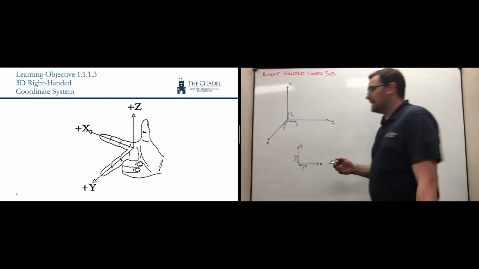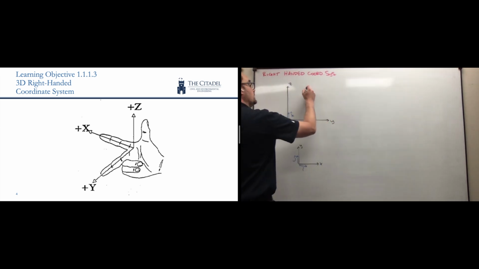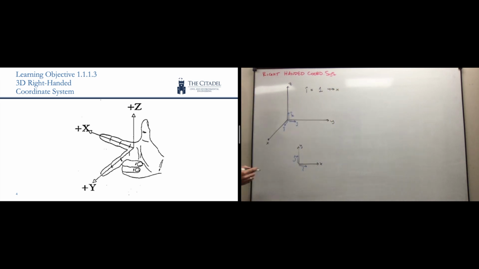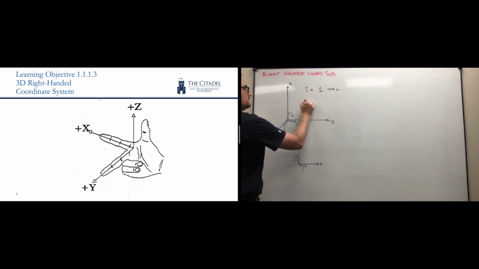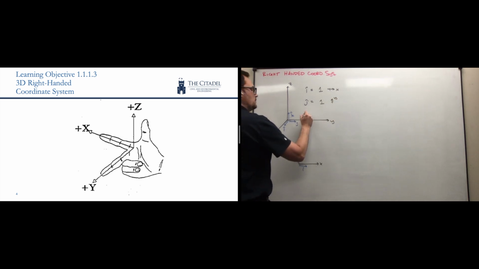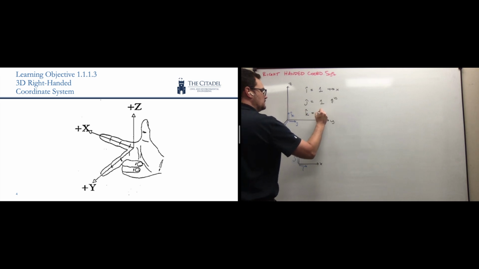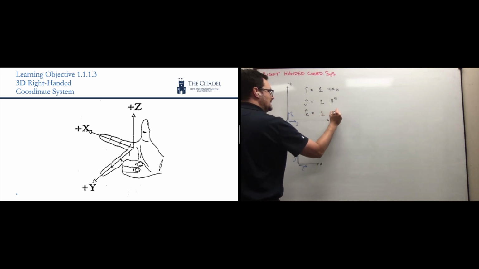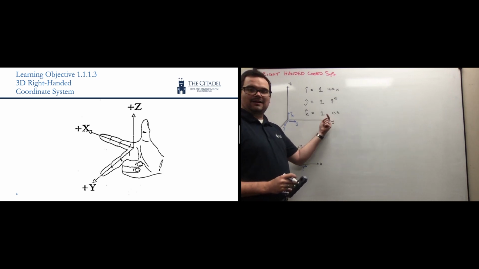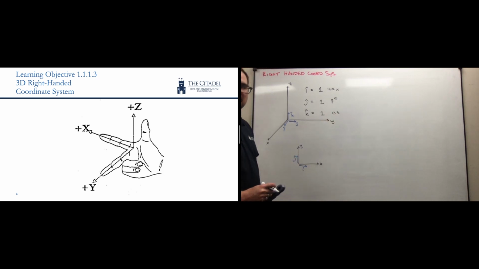And just for the sake of comprehensiveness, we'll note that our i unit vector has a magnitude of 1 pointed in the x direction. This is really connected down to this diagram. Our j unit vector has a magnitude of 1 pointed in the y direction. And our new k unit vector has a magnitude of 1 pointed in the z direction. And what you'll see that I've drawn here is actually the arrowhead coming out of the board directly at us.